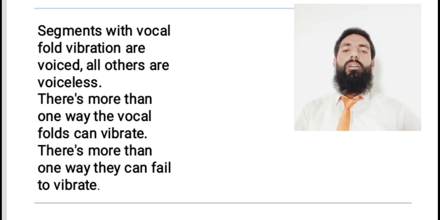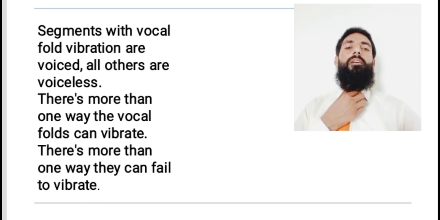There's more than one way that the vocal folds can vibrate. There's more than one way they can fail to vibrate. There are multiple reasons, because as in the very beginning I tried my level best to make my students conscious that you are very complex, and if we talk about the structure and anatomical requirements and demands of your throat, voice box and vocal cords, there are some technicalities.